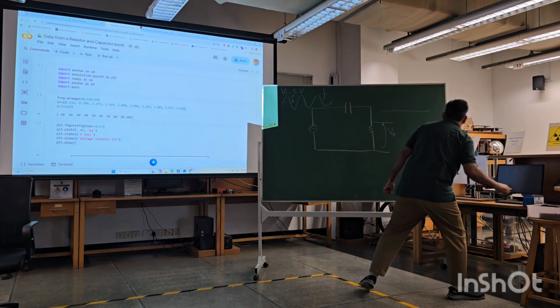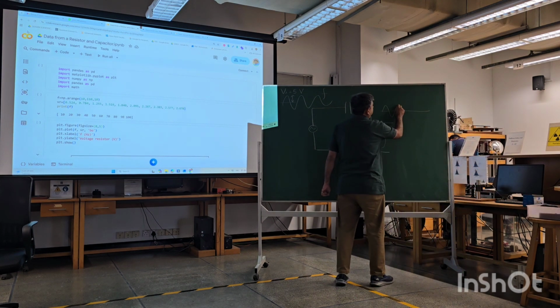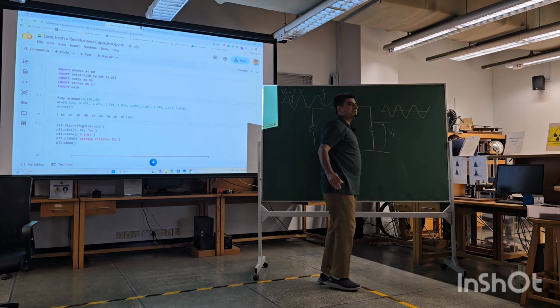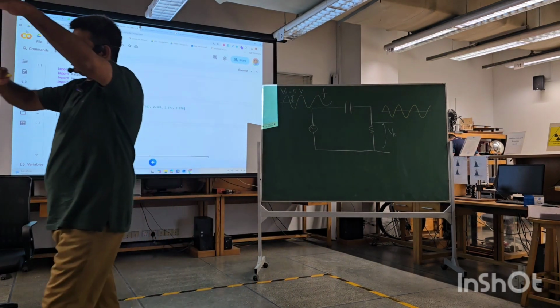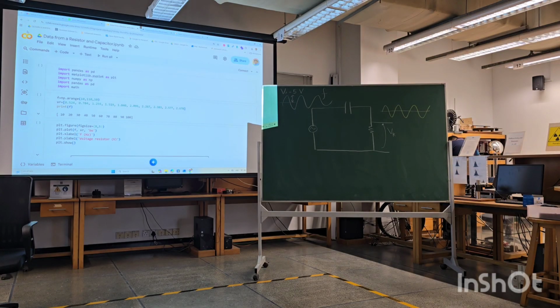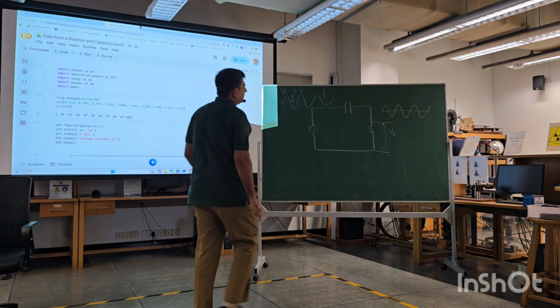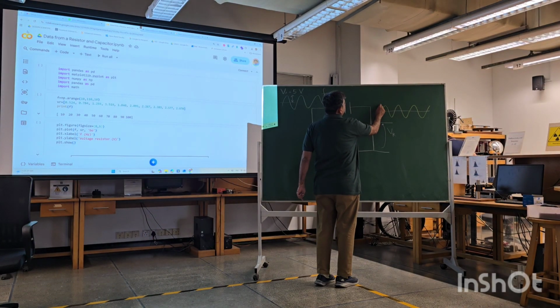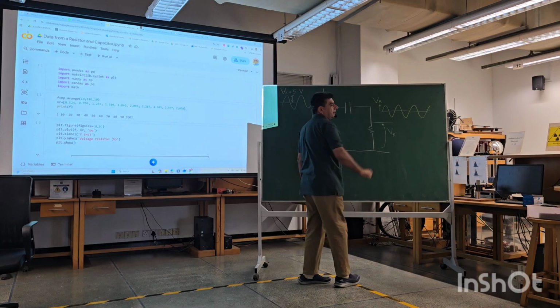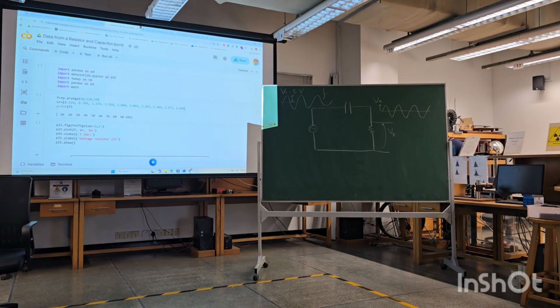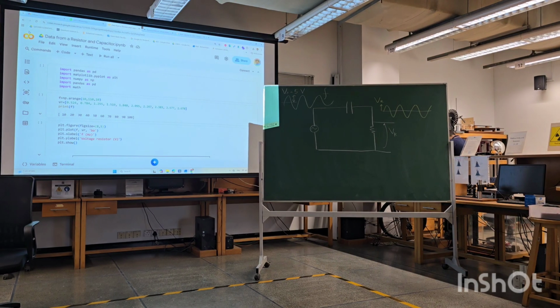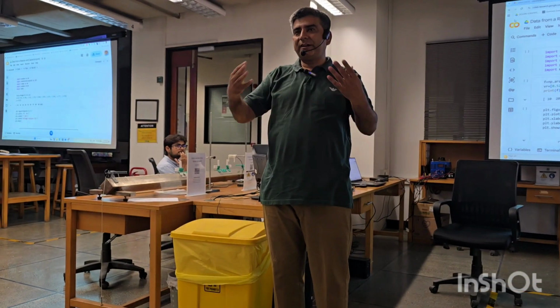The output voltage had an amplitude smaller than V naught, smaller than 5 volts. We call this amplitude VR. So we varied the frequency and we measured VR. All right, so that was our experiment, very simple, and we acquired data.